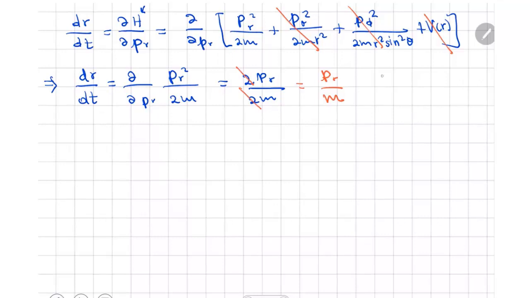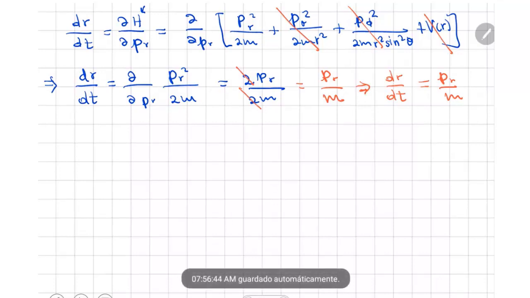So the first equation is dr/dt equal to p_r divided by m. That's the first Hamilton's equation.